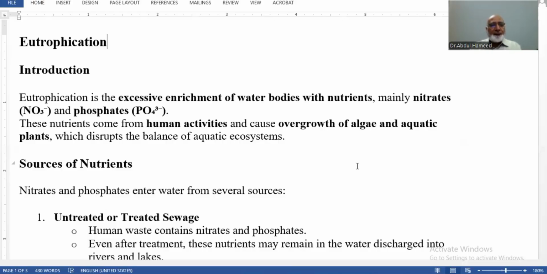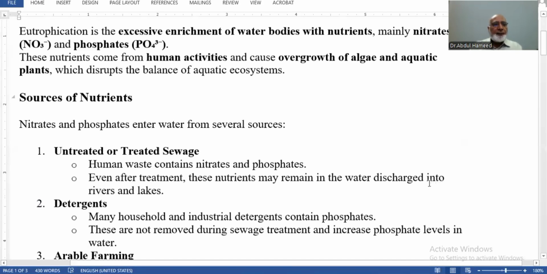So plants and algae are different, but we generally group algae and other aquatic plants together. Now the sources of nutrients, which are better discussed in more detail.